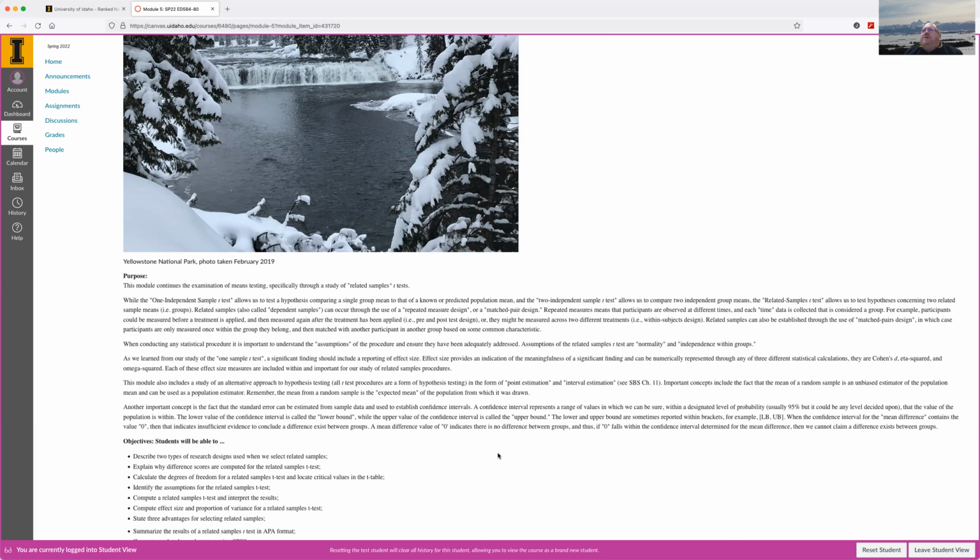Or they might be measured across two different treatments, such as within subjects design. Related samples can also be established through the use of matched pair design, in which case participants are only measured once within the group they belong and then matched with another participant in another group based on some common characteristic.